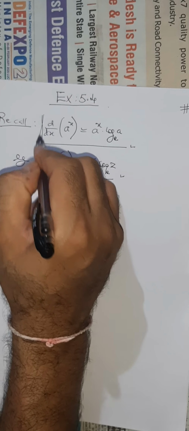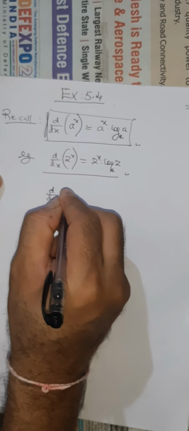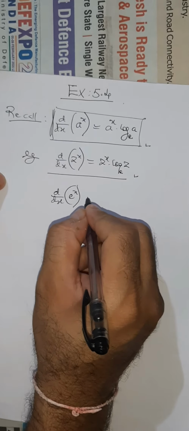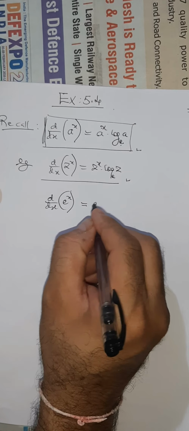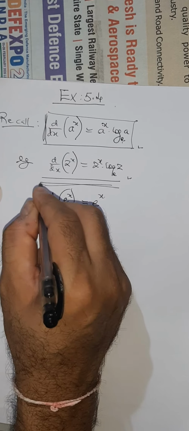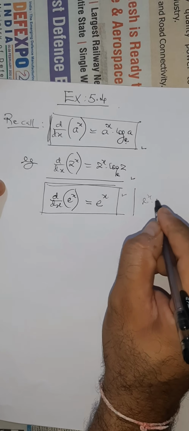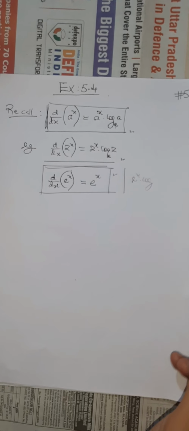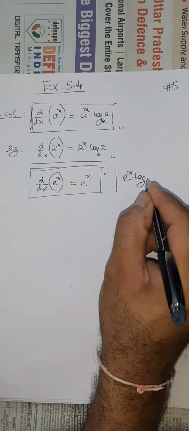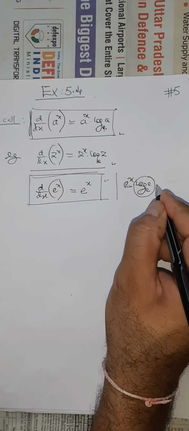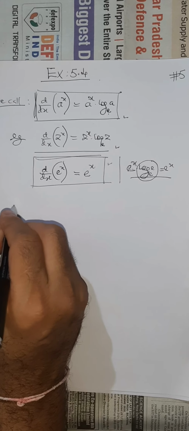The other one, d by dx of e raised to x. What is that? e raised to x into log e to the base e, which is 1, so e raised to x. So the derivative of the exponential is itself, remember. The derivative of e raised to x is e raised to x.